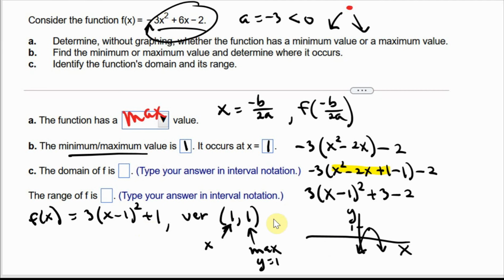So the domain, all these guys, if you notice, if it's a quadratic, with y basically equal to x squared, the domain is always the same. The range would go from negative infinity up to that 1.